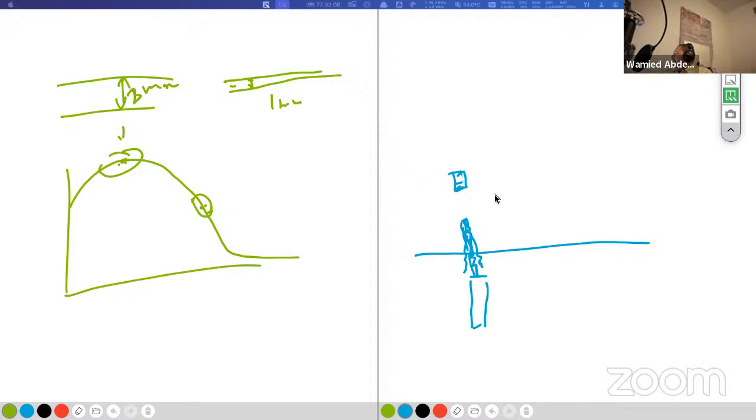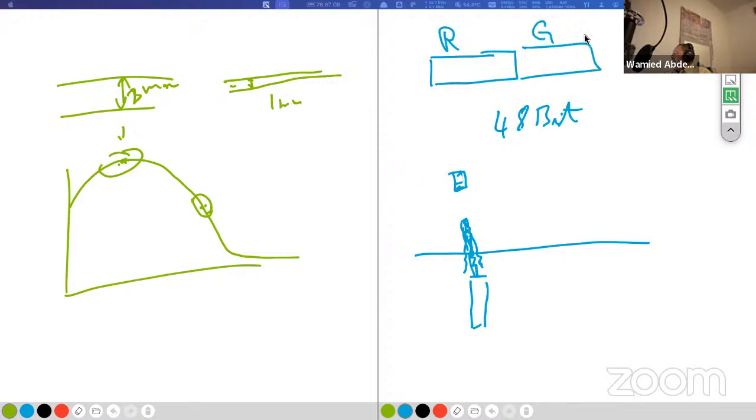Another thing is you probably want a scanner with 48-bit color. The scanner will construct an image, and these images describe the intensity in the red, green, and blue.